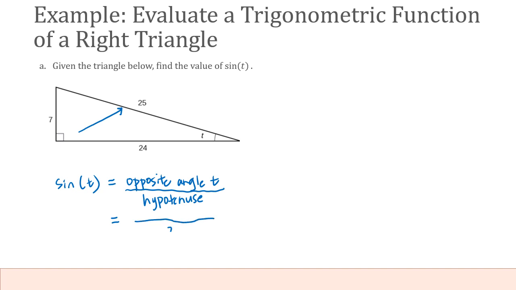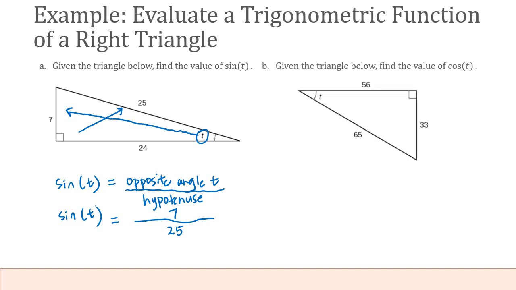We said that the hypotenuse was 25, so that's going to be my denominator. And now all we have to do is determine which side is opposite angle T. And the side across or opposite angle T looks like it has a length of 7. So we're going to say that the sine of angle T is equal to 7 over 25.